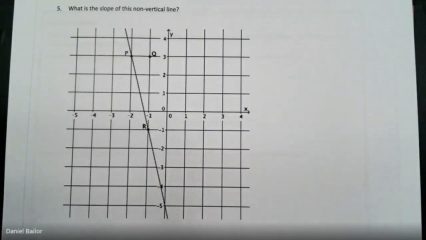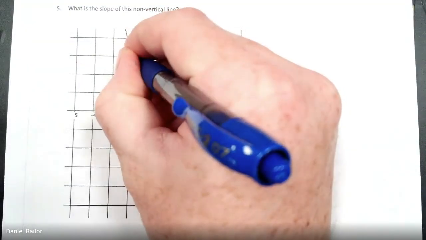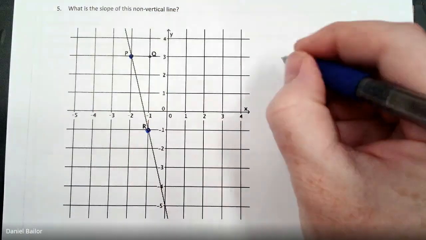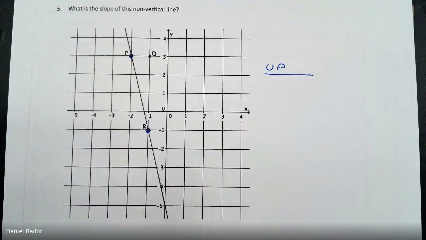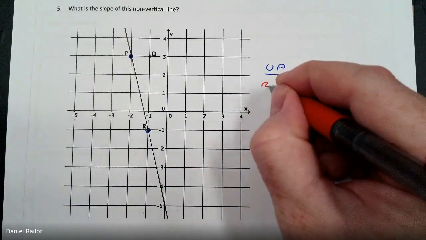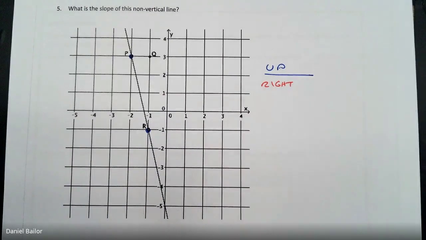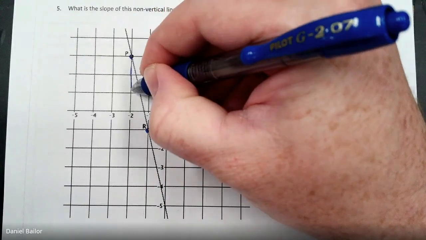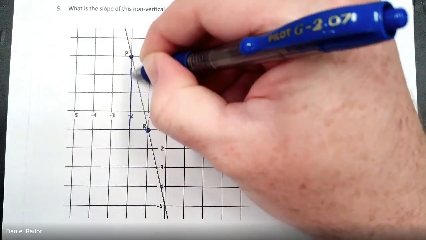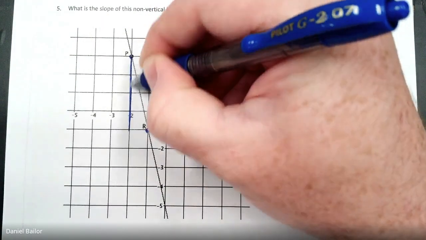Let's prove it, though. We have point P. We have point R. We're going to go up divided by right. Even though it's declining, we still say up. But this time, we're going down. 1, 2, 3, 4. So we moved down 4.